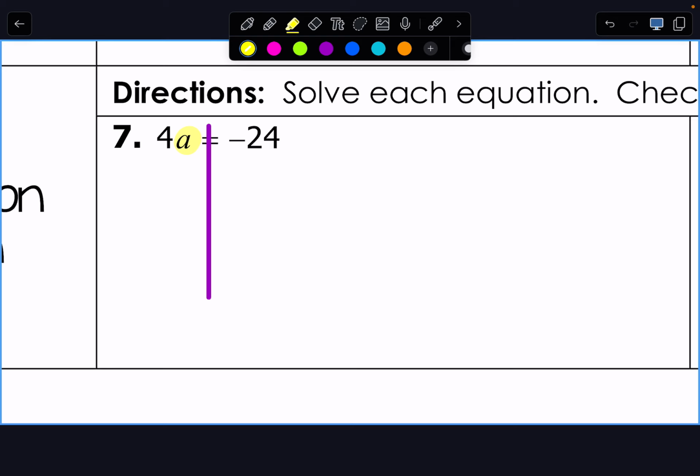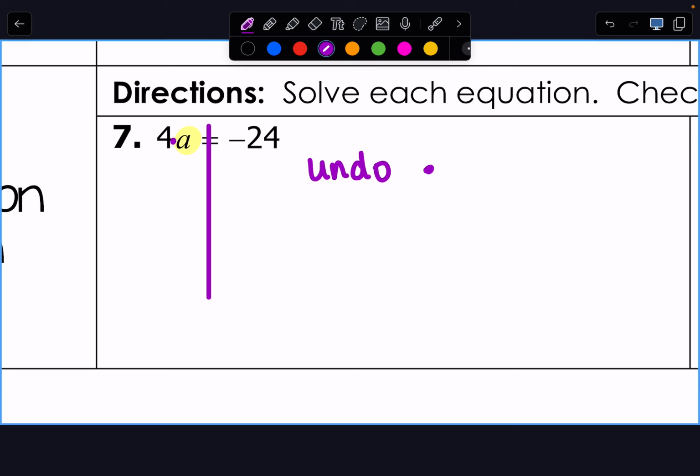Now, I'm confused because I don't see an operation between 4 and A. Oh. Okay. There's multiplication in between. So we need to undo multiplication. Jaden, what operation is going to undo multiplication?